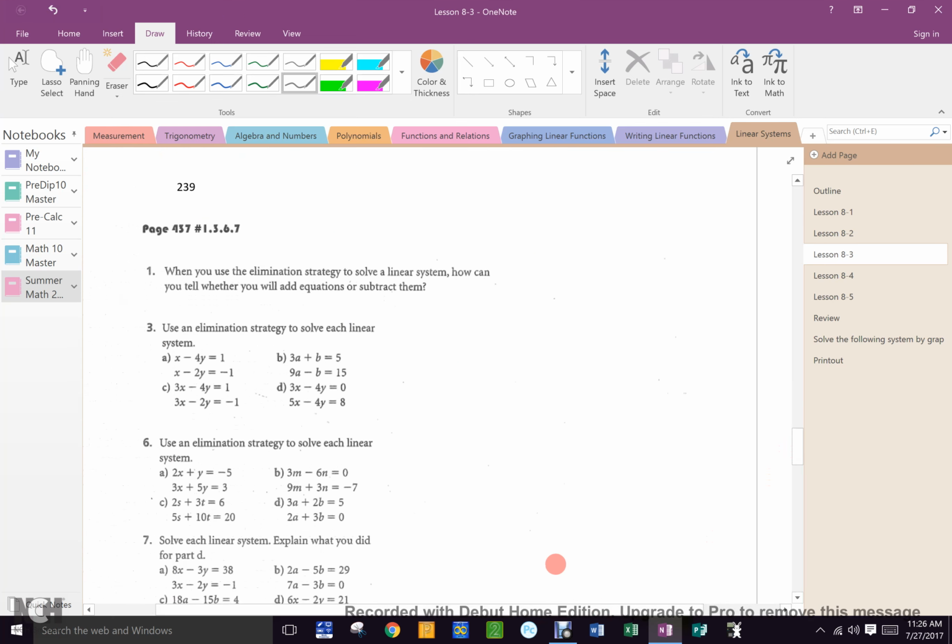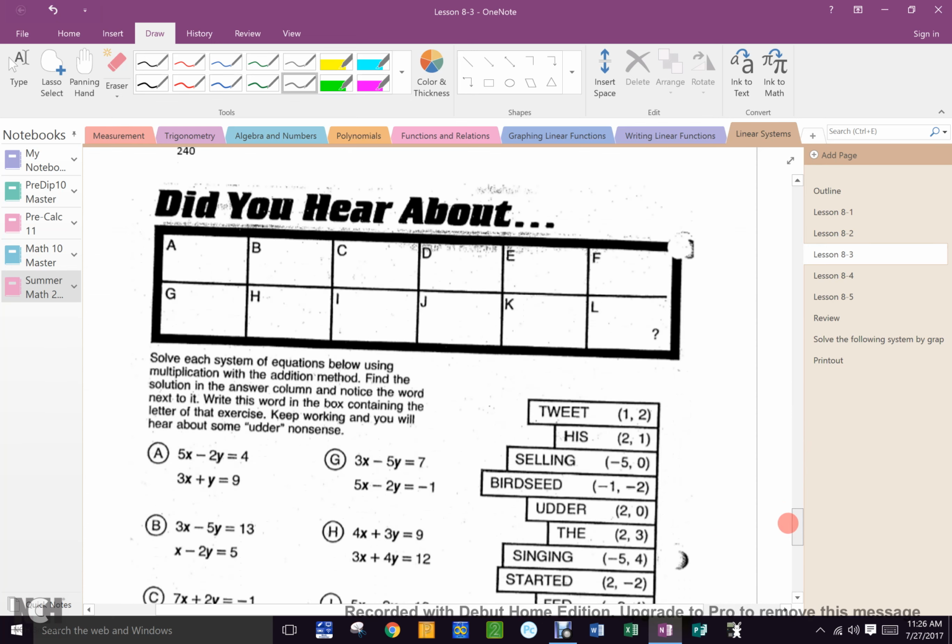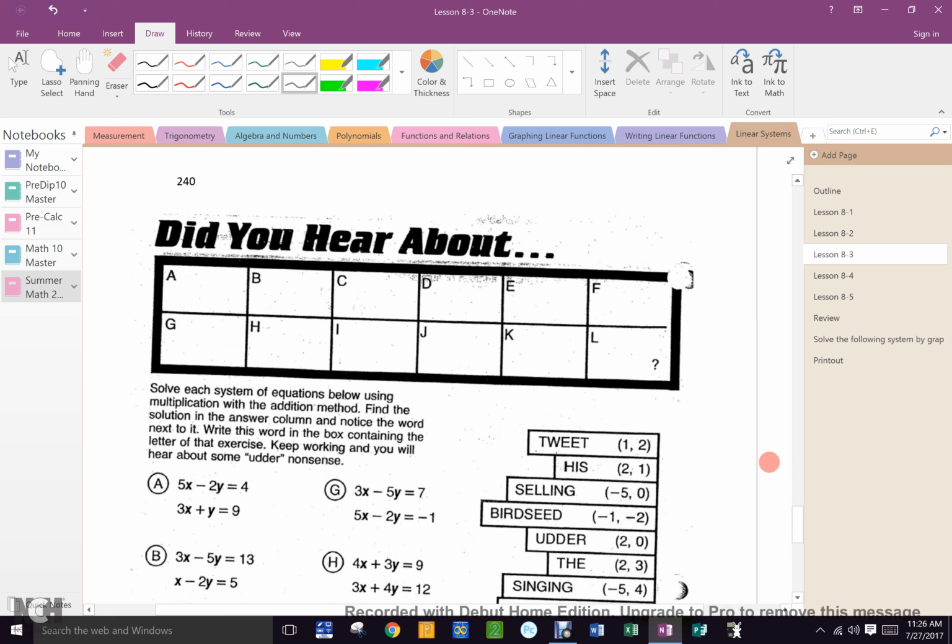Once again, you may do the textbook pages, or you may do the super fun puzzle page. I know which one I would do if I was in grade 10. I would do the super fun puzzle page. Actually, as a teacher, I would have lied to you and told you that when I was in grade 10, I would have done all my practice, the textbook page and the super fun puzzle page.